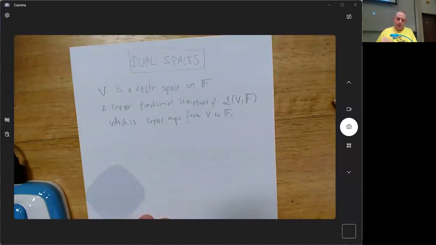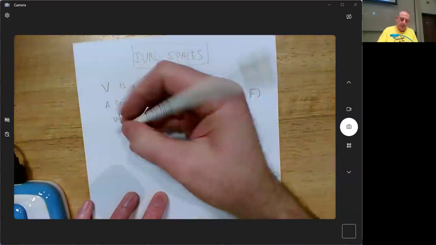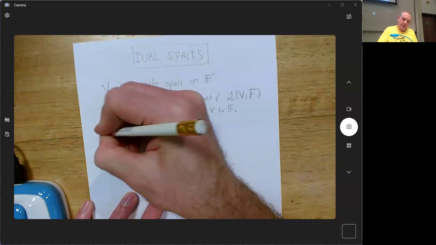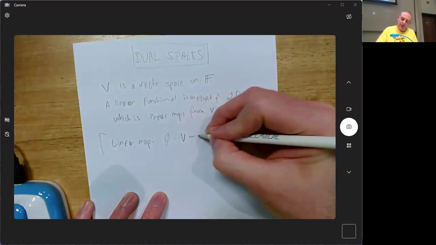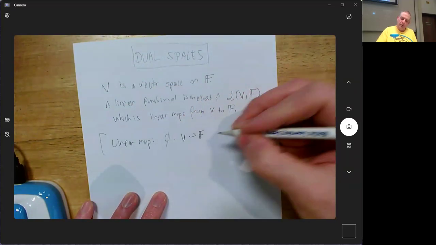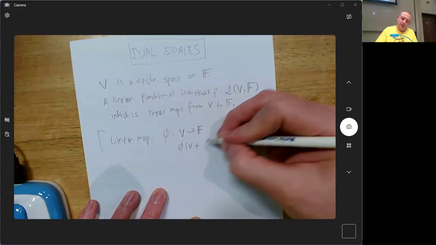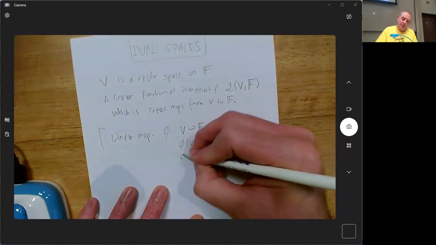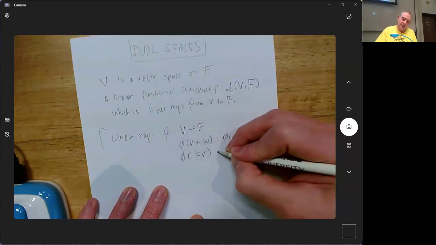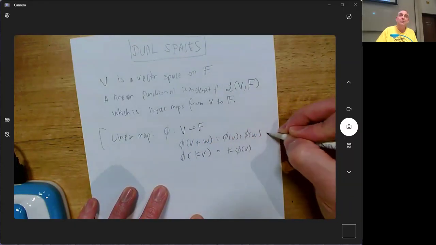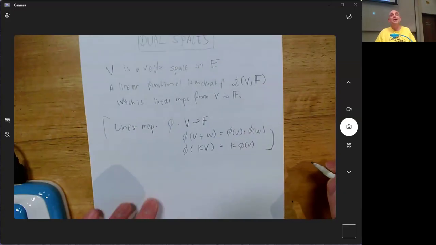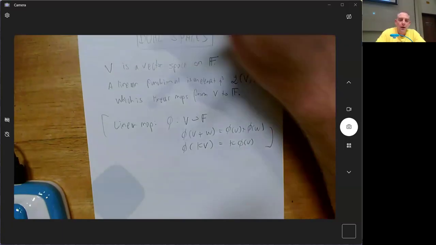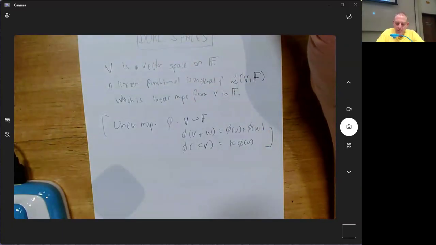Okay, and just checking, a linear map means it'll be something like phi which sends V to F in such a way that phi of v plus w is phi of v plus phi of w, and phi of a constant times v is the constant times phi of v, something like that. Seems good to me. Okay, cool. And so that's what a linear functional is.